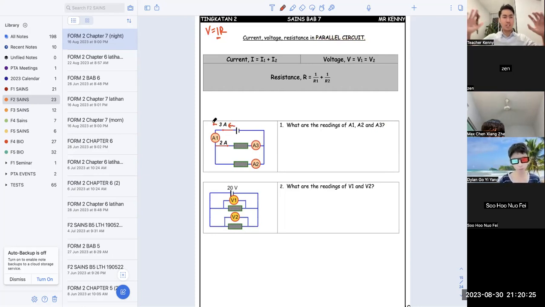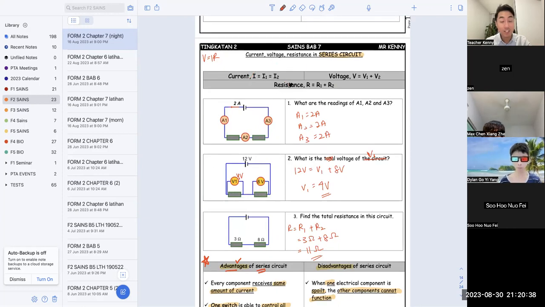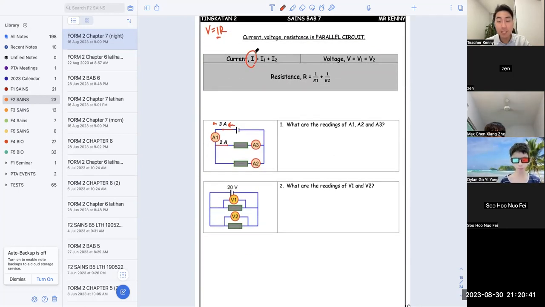I'm giving out 3 at one time. But look over here. According to this formula, the master in a parallel circuit will not be like this. It's not the same. They are split.